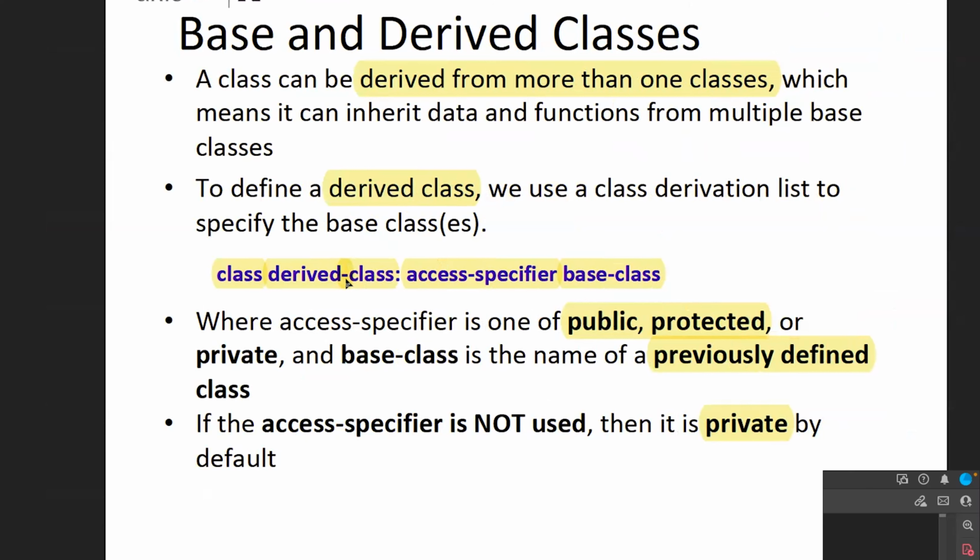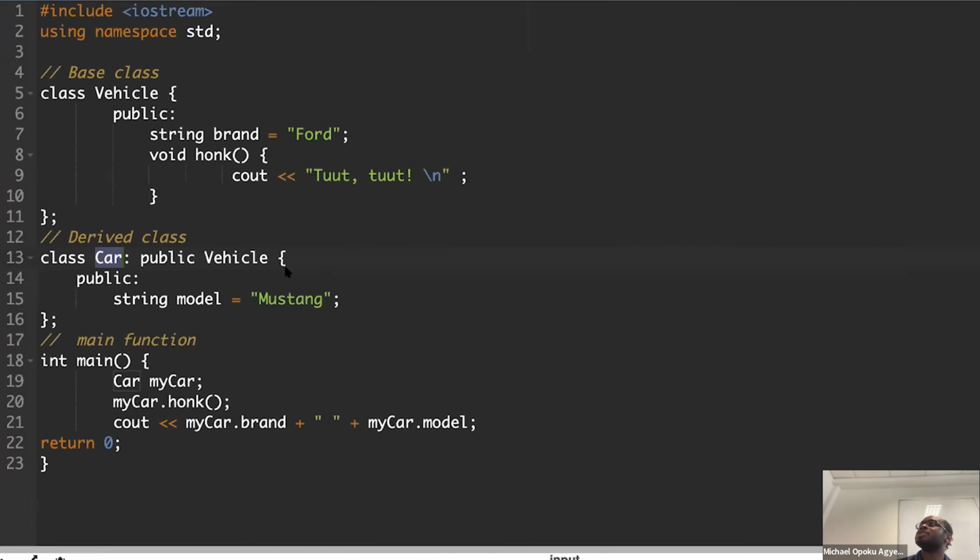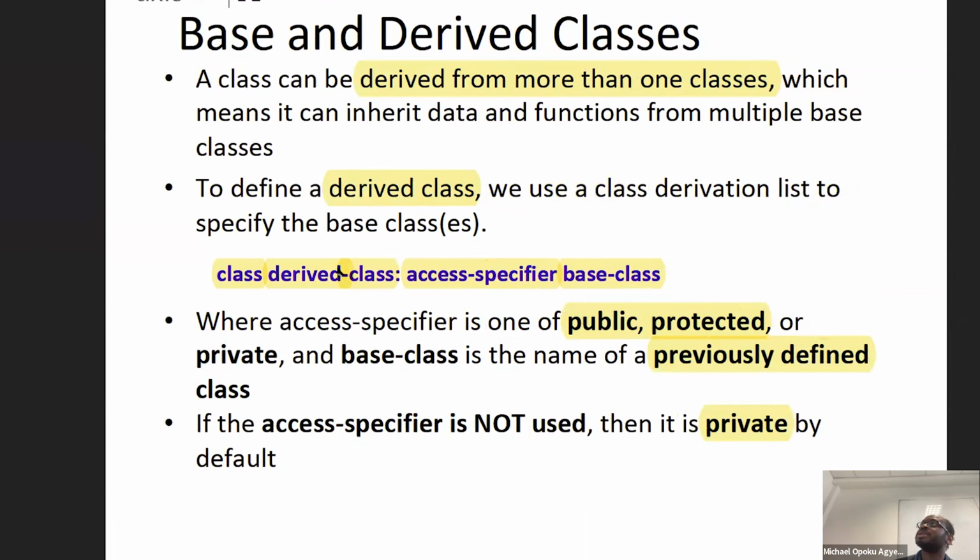Yes, sir. Car is the child class. So the keyword for it is the derived class. Is vehicle parent or child class? It's just like Lego, we plug in. So the vehicle is here, is it the child or the parent class?